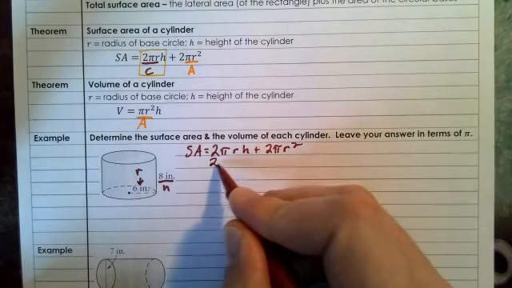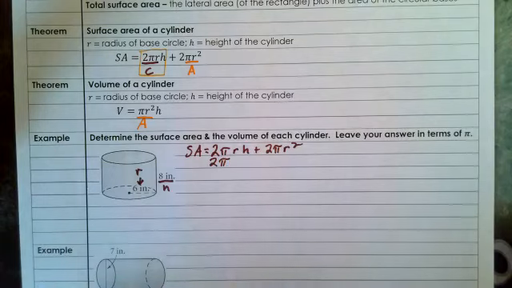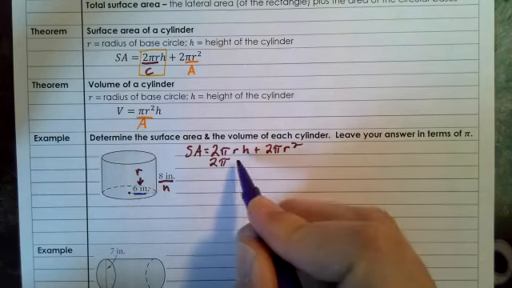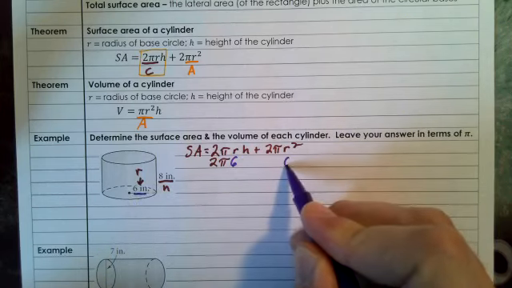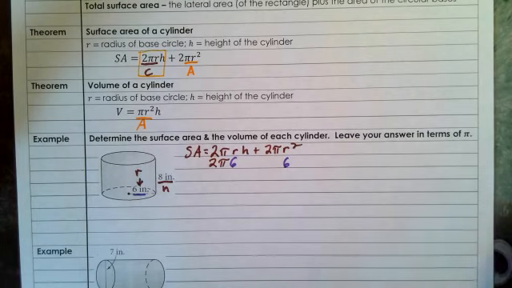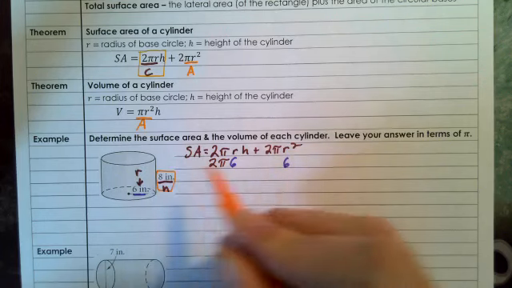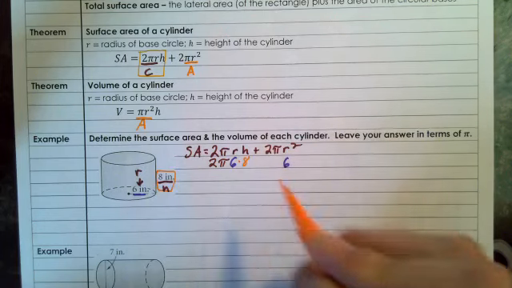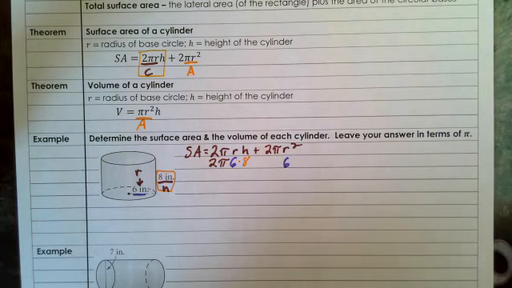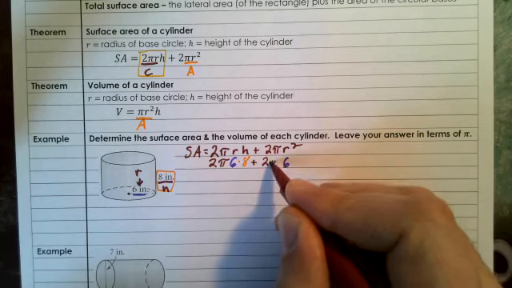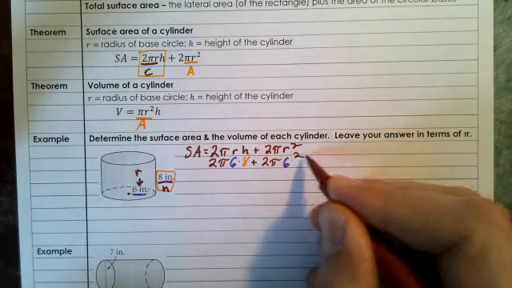So we've got 2 pi, and then we fill in our r value, which was 6. It also goes over here and is going to get squared, as well as the height of that cylinder. That goes in where that h is. And then we keep plus 2 pi r squared.